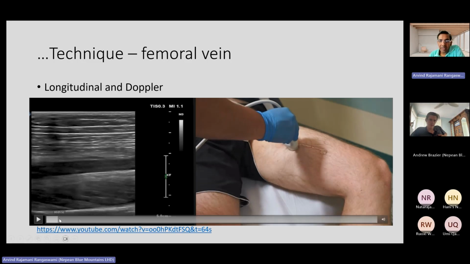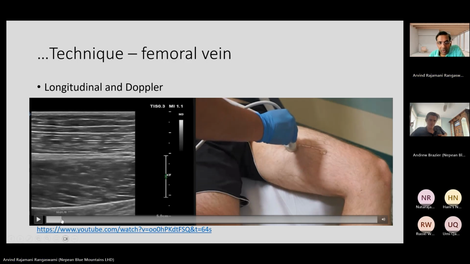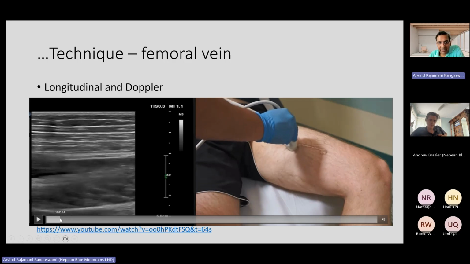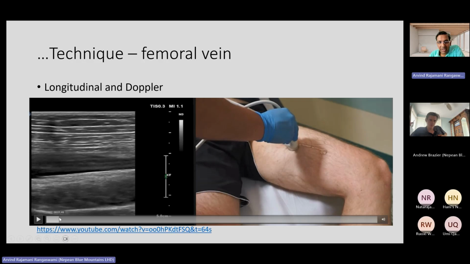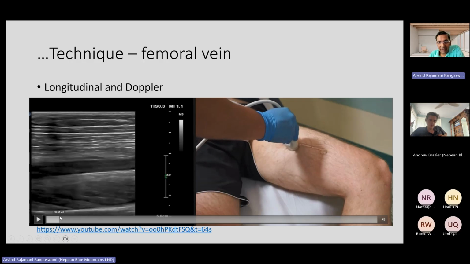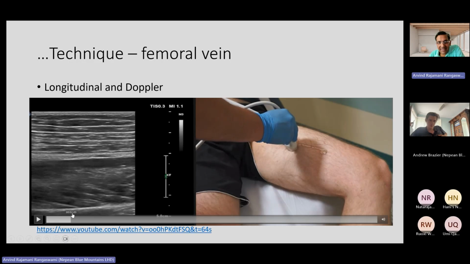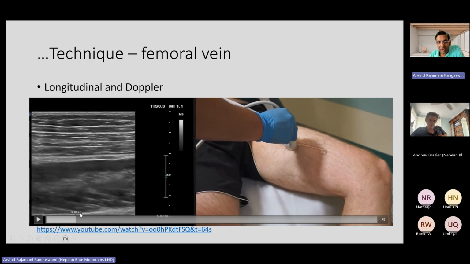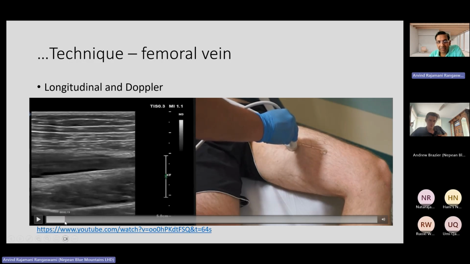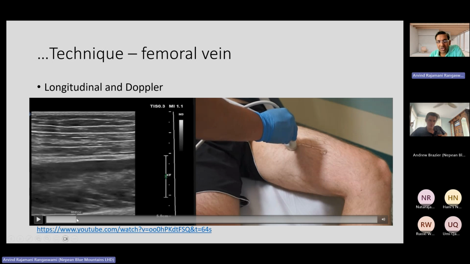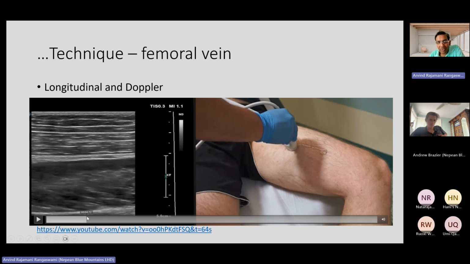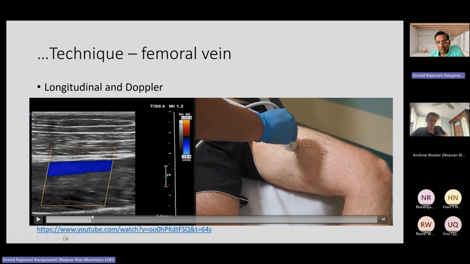Ideally, they must be anterior and posterior to each other. So here, this person is actually compressing, and as they're sliding down, as they're going laterally, you're finding that the vein is going off screen. So coming back, they're getting it back. Now they've got the vein back, and now applying color Doppler.